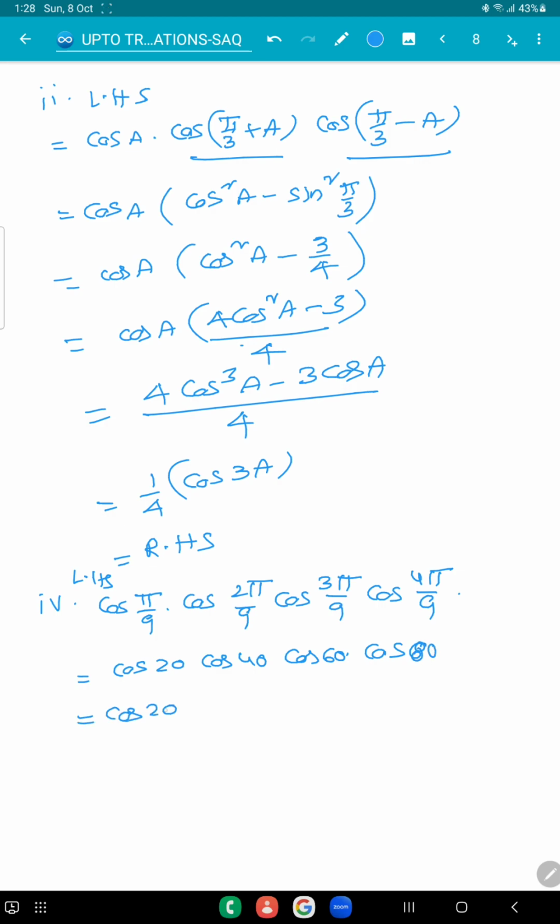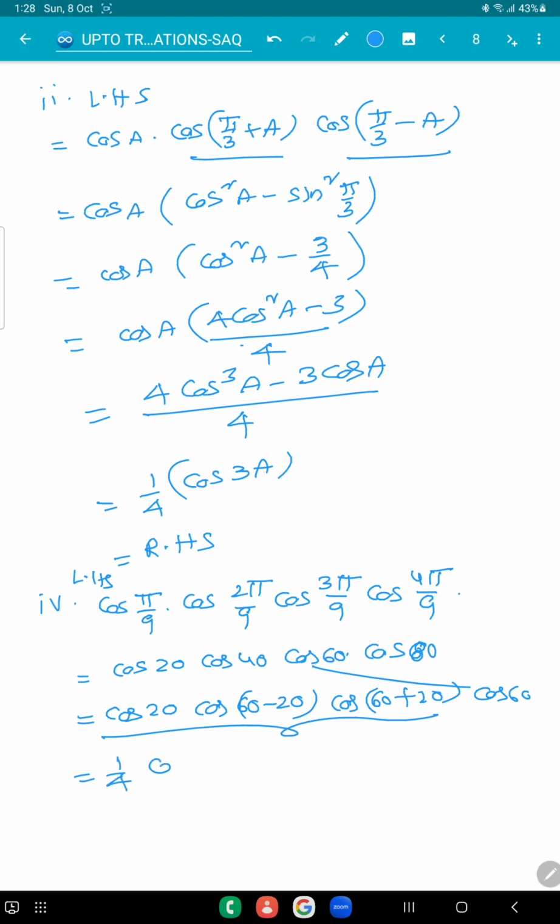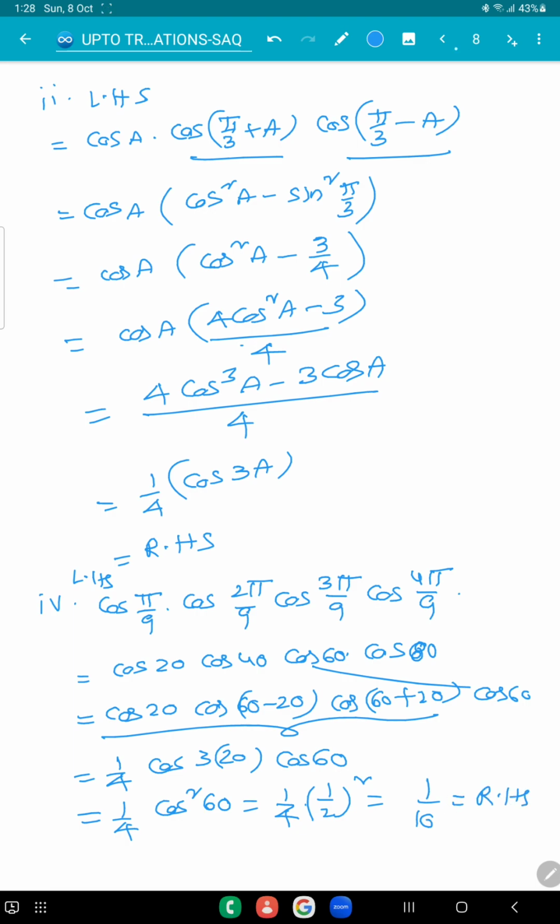This is cos theta, this is cos 40, 60 minus 20, 80 is cos 60 plus 20, and cos 60 is written here. So instead of these three, 1 by 4 cos 3 theta into cos 60, 1 by 4 cos 60 into cos 60, cos square 60, which is 1 by 2 whole square. So that is right hand side.